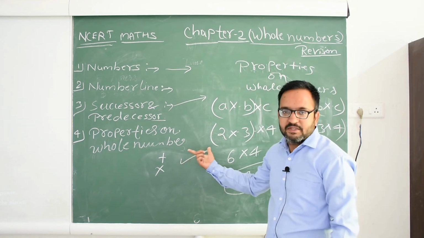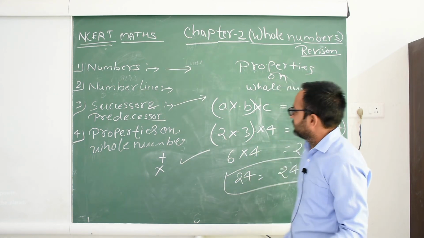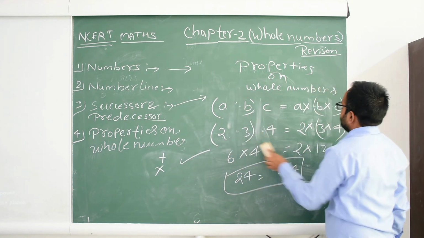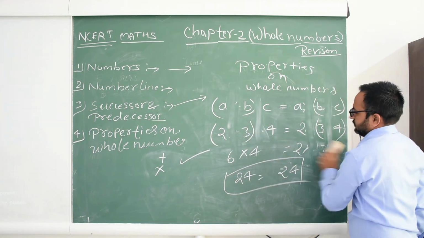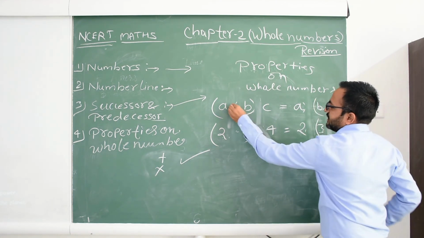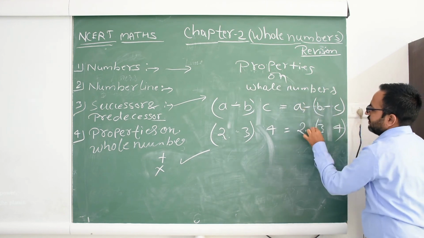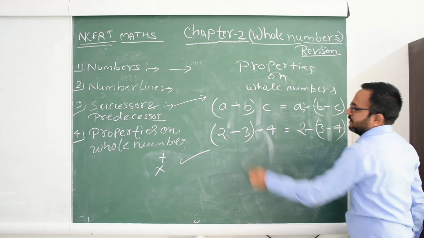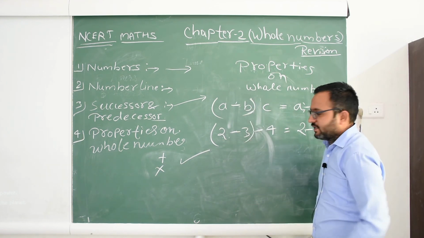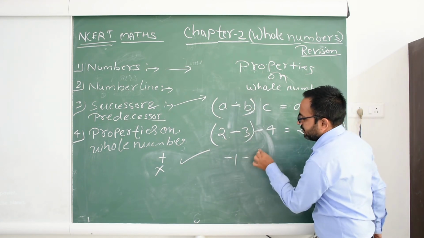Now we check subtraction and division. Only check subtraction. Is subtraction associative or not? So first we solve the bracket. 2 minus 3 is minus 1, and here minus 4.